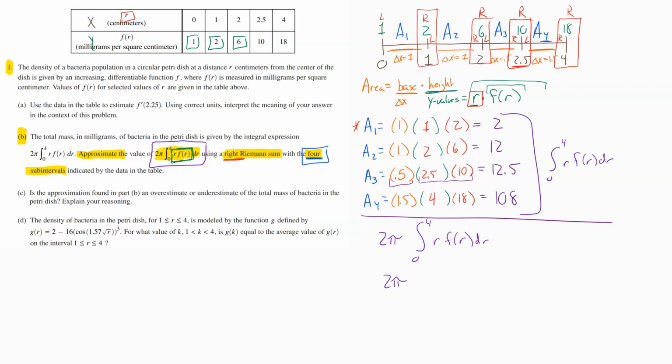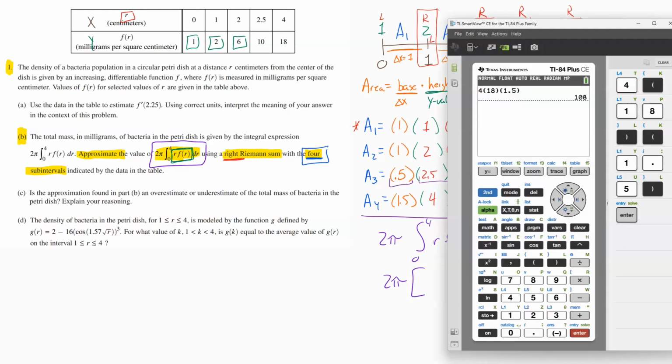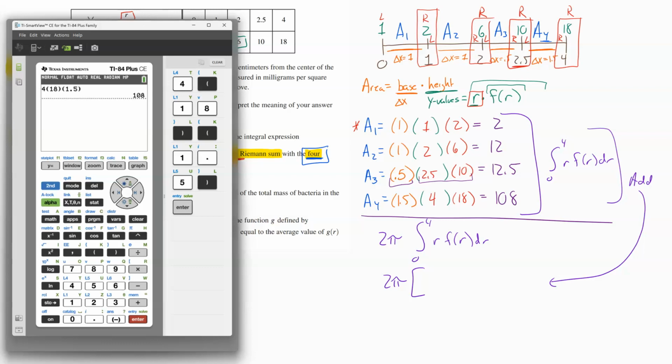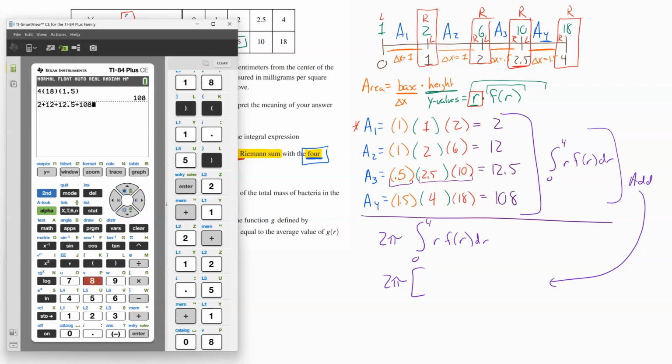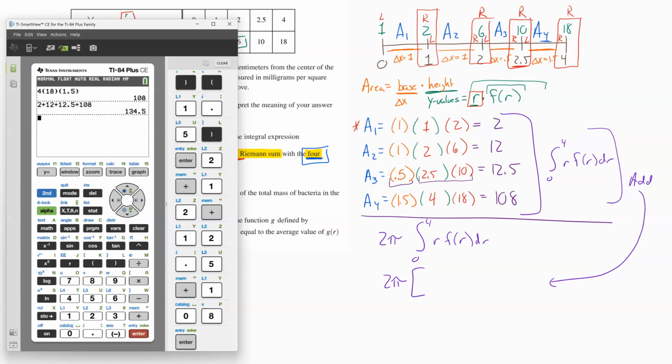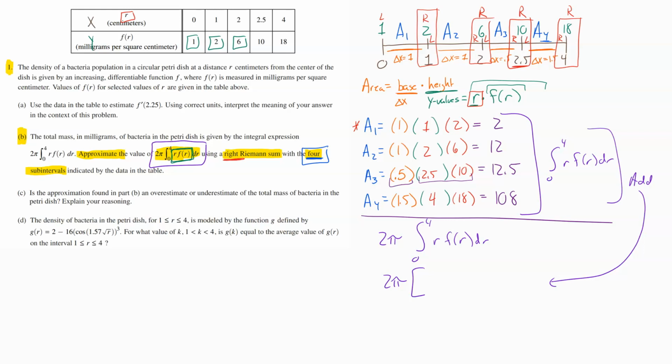So we're going to add all of that stuff up, and that's going to get us our portion of our answer from down below here. So we're going to take and add up all of those values. Again, you've got a calculator, so you might as well use it when you can. So 2 plus 12 plus 12.5 plus 108, and we get out of there 134.5.